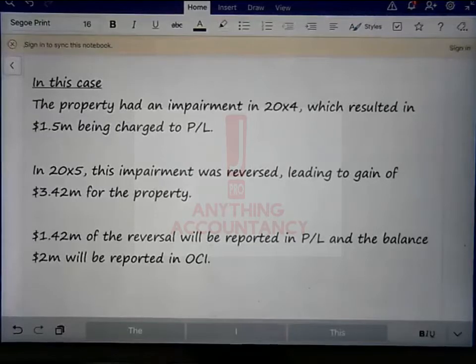Are you okay? The first 1.5 has to be in it. That one is 2000 x 4.